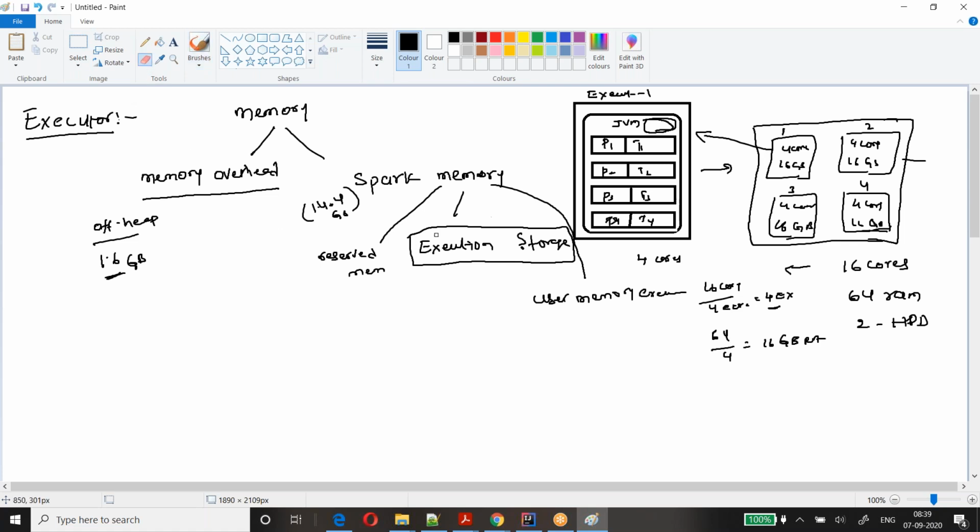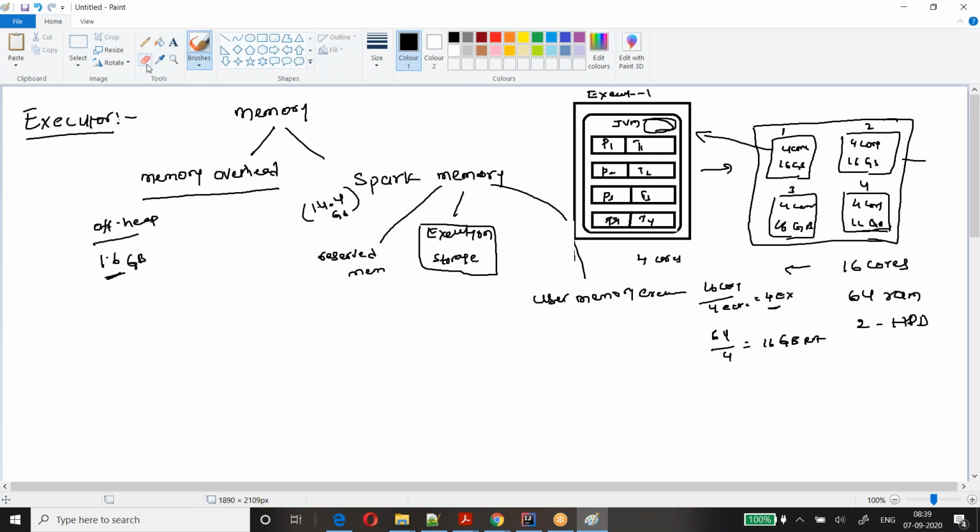Okay, I'll do one more thing here. Let me remove this. I'll put it like this: execution, storage. This is one piece. Normally, these are 2 pieces, but we'll consider them as one piece.